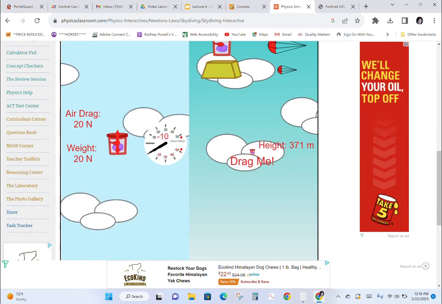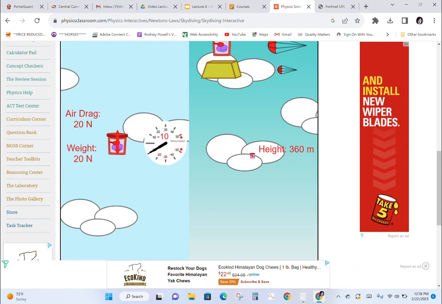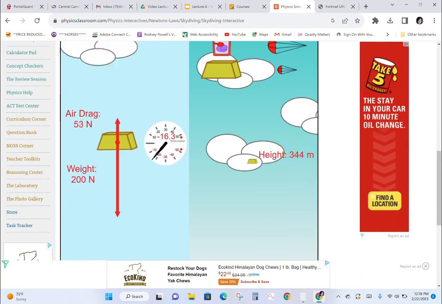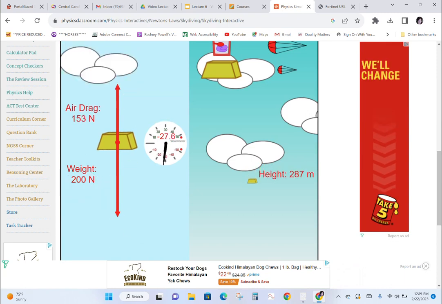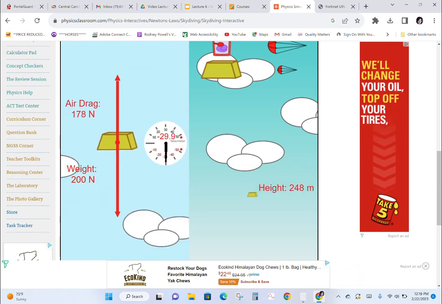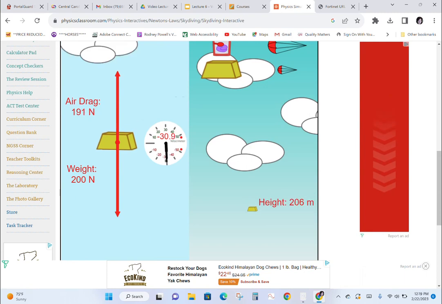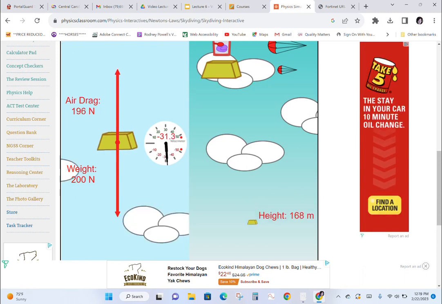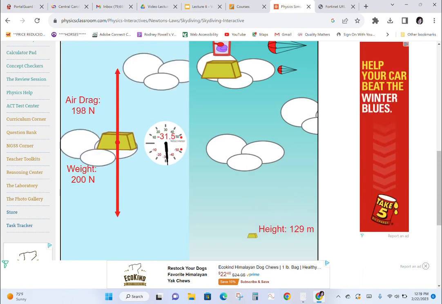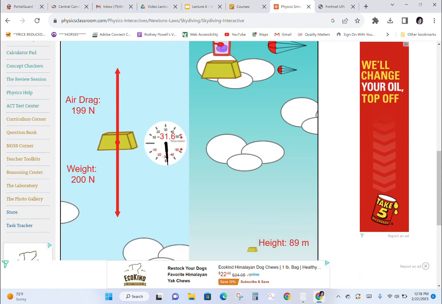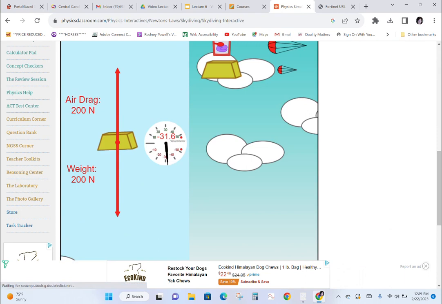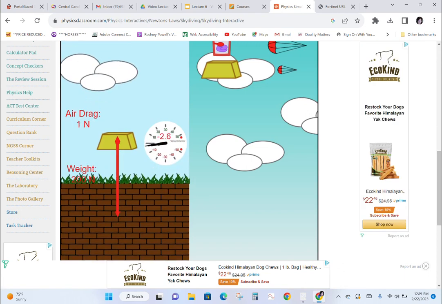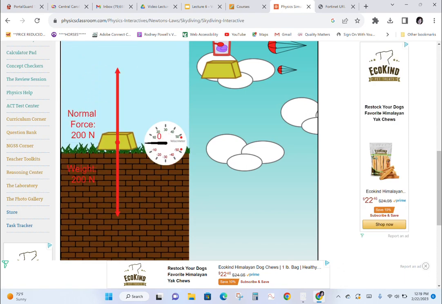So as the object falls, it has air drag and it has weight on it. Notice that at first the weight is much bigger than the air drag, but as it increases its speed, its air drag increases. And eventually, if you look at the speedometer, when the air drag reaches its weight, it is now in equilibrium. The net force on it is zero, which means that it will no longer accelerate. This is what we call terminal velocity.